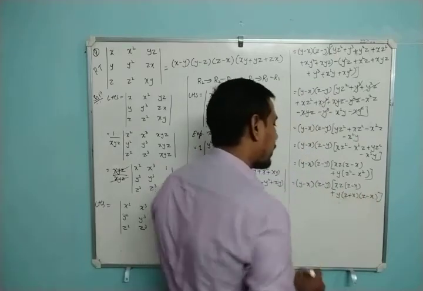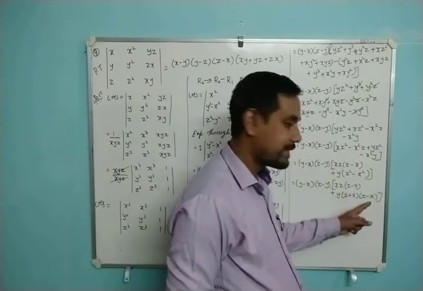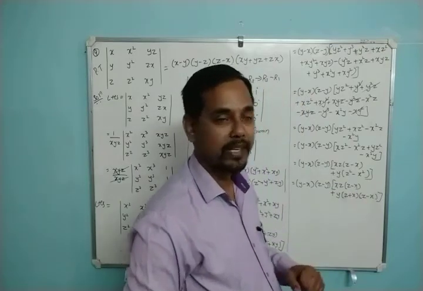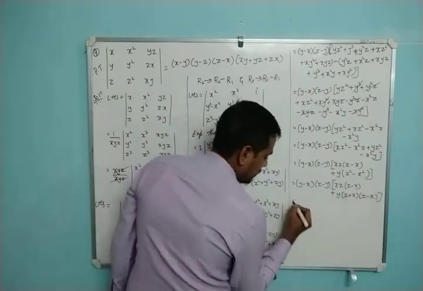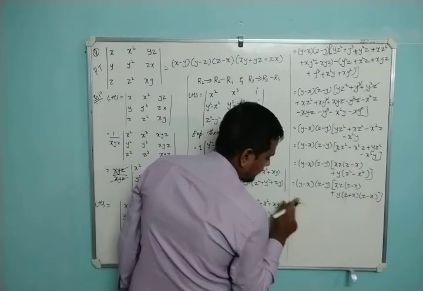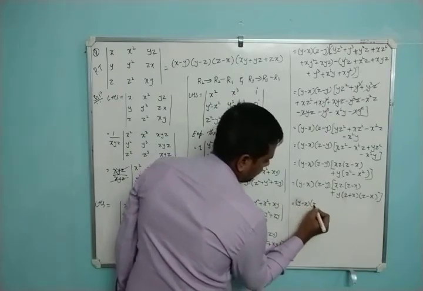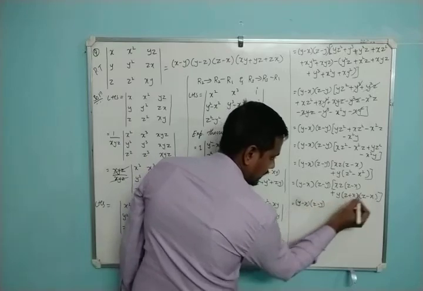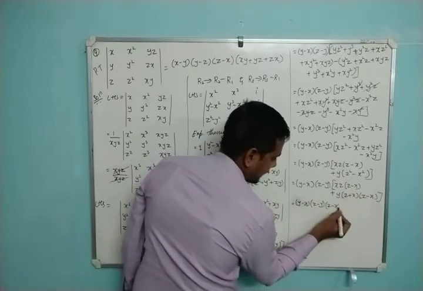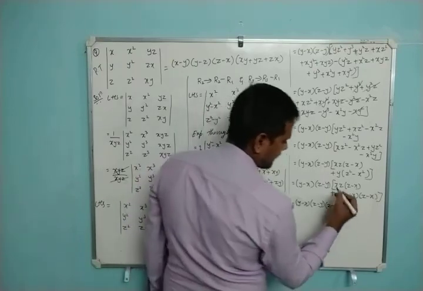So now I am having z minus x here, z minus x here. Take z minus x common. Y minus x into z minus y into z minus x. So z minus x gone.